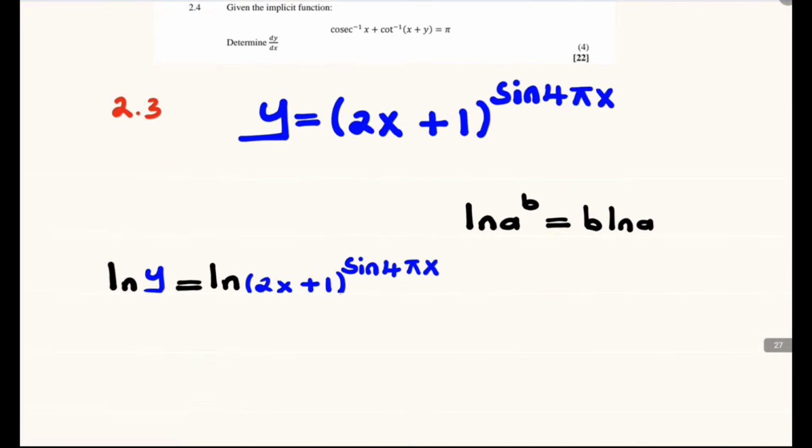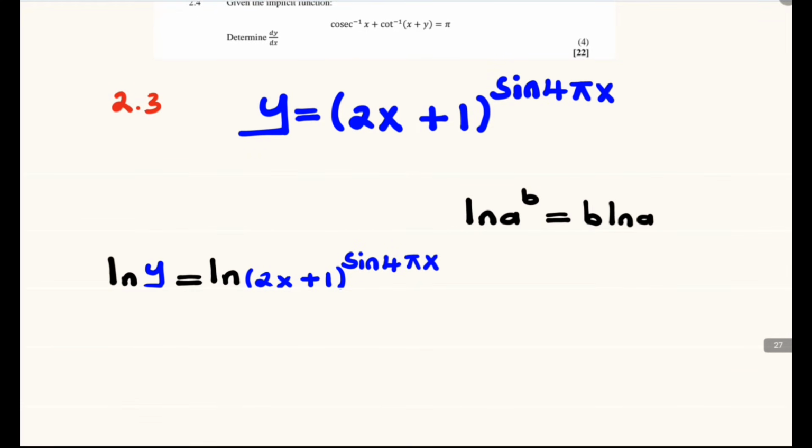Remember that we introduced the ln on both sides of the equation so that we can get rid of the sine 4 pi x as part of the exponent. We had the ln of a raised to the power b, that b became part of the base. So even that sine 4 pi x will become part of the base.